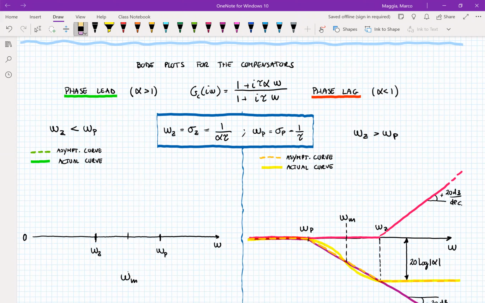Actually, I'm going to do something a little bit different. I'm going to replace alpha tau omega with omega over omega z, and tau omega with omega over omega p. So now it's clear that omega z and omega p are the cutoff frequencies for the zero and the pole of GC.